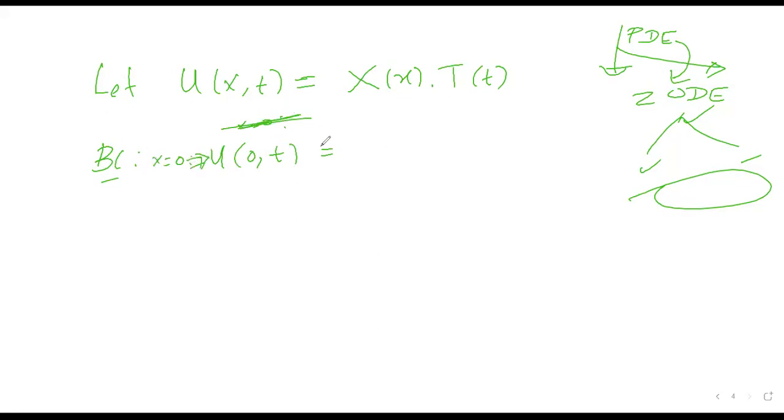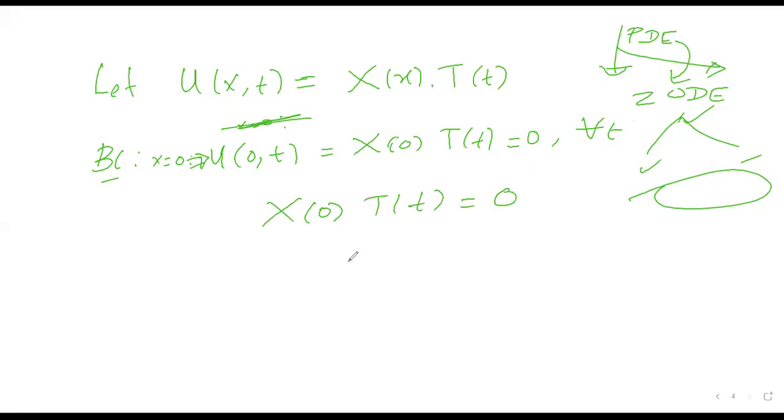If you put x equal to 0, what do you get? X of 0 times T, and t doesn't change. This will be 0 for all t. I'm just putting in my boundary conditions. T doesn't change, only I'm changing my x. So if you have x equals 0 and T is t, which is equal to 0, what do you think about X of 0?